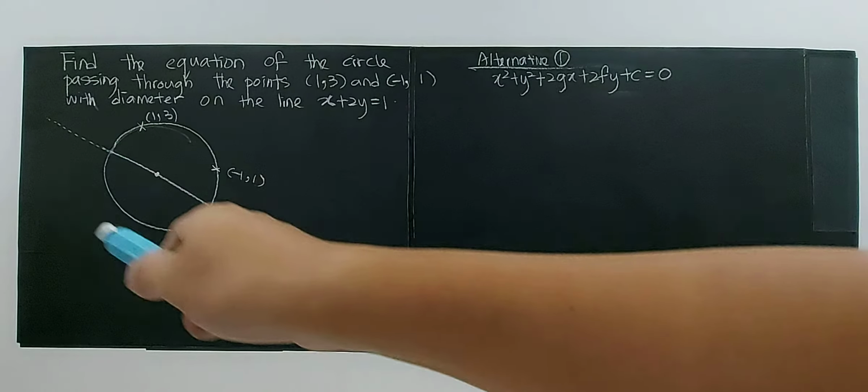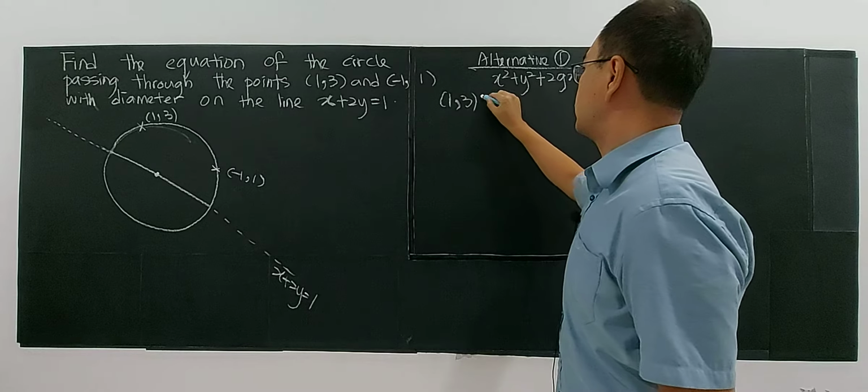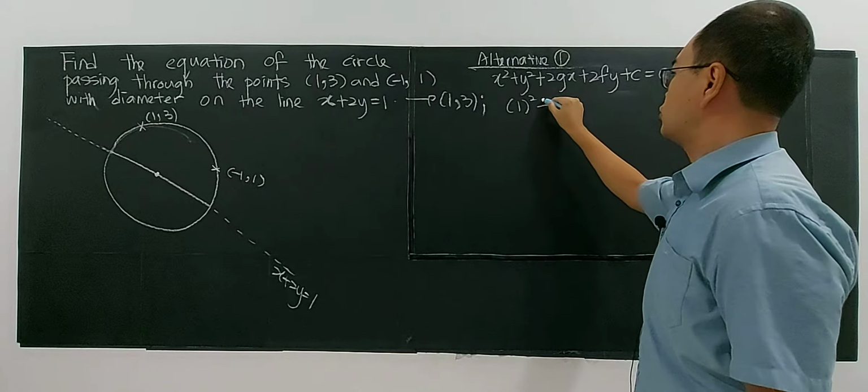We know that this circle is passing through the 2 points, so we can substitute x and y into the equation, because they satisfy it. For the point 1, 3, we have 1 to the power of 2 plus 3 to the power of 2 plus 2g times 1 plus 2f times 3 plus c equals 0.